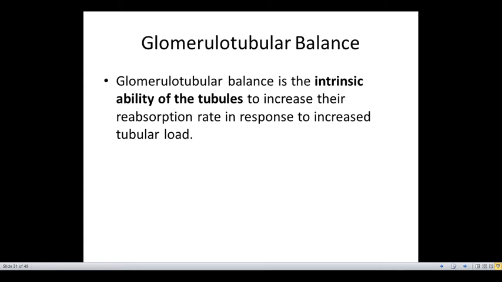Glomerulotubular balance is the intrinsic ability of the tubules to increase their reabsorption rate in response to increased tubular load.